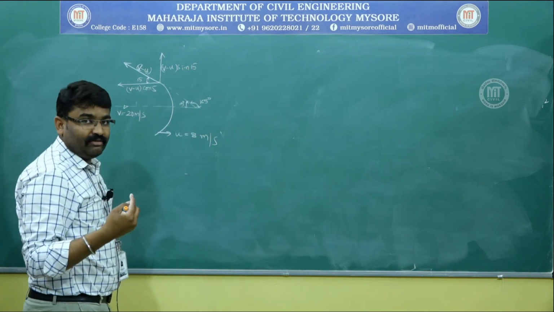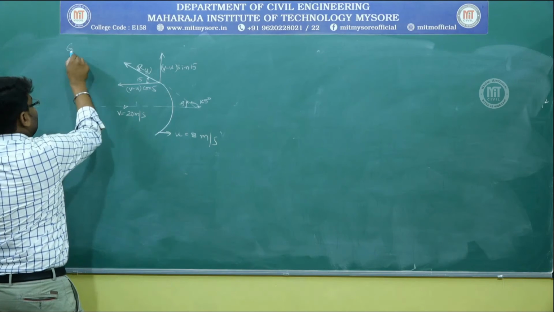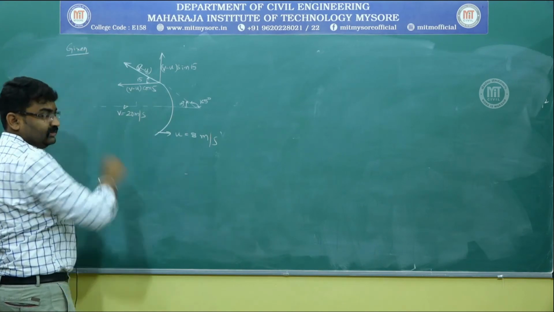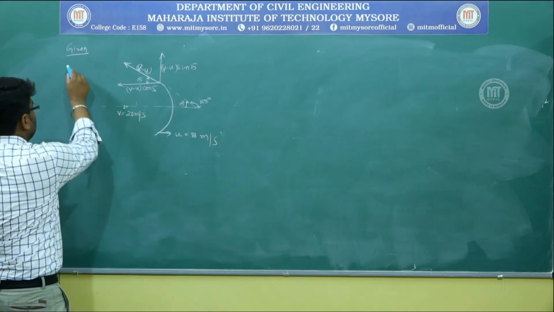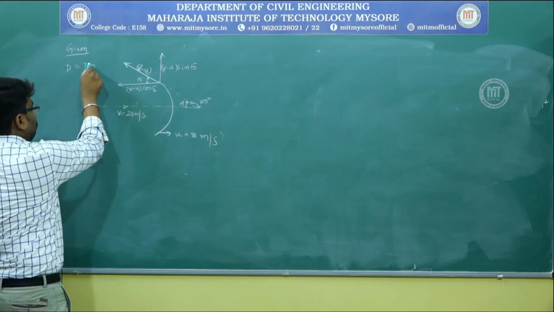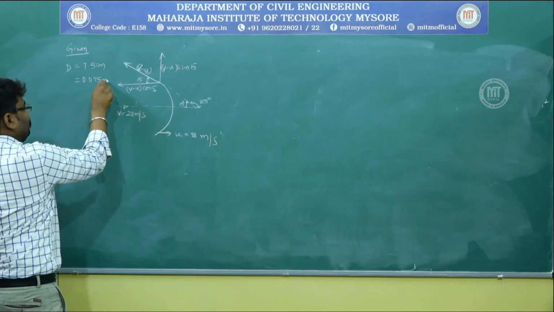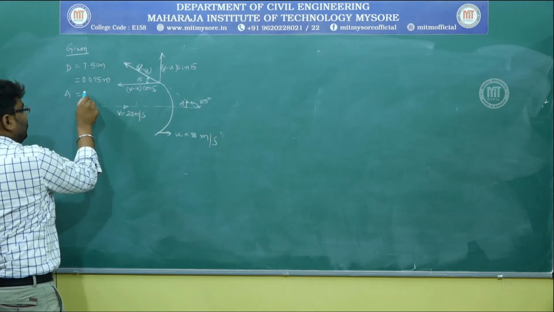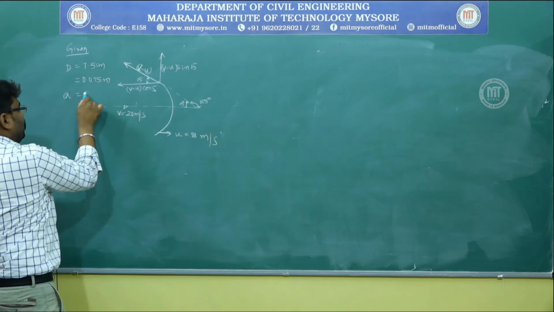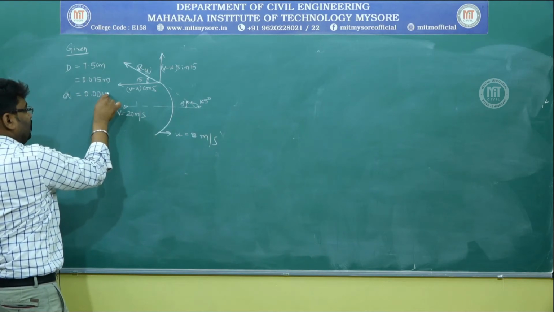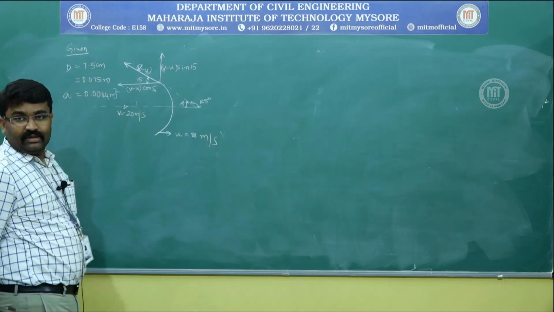What are the other things given so that I can write it down and solve it easily? The diameter of the jet is given to be 7.5 centimeter, that is nothing but 0.075 meter. What is the area? If I remember, it is 0.0044 meter square.